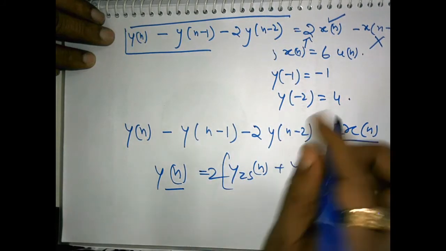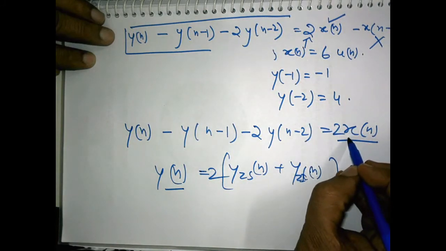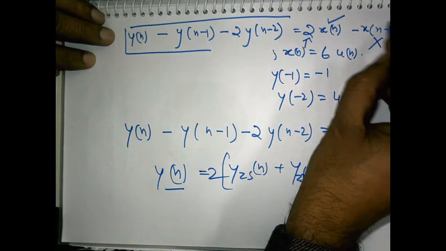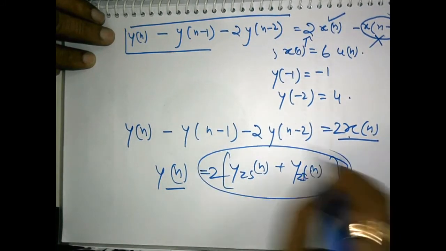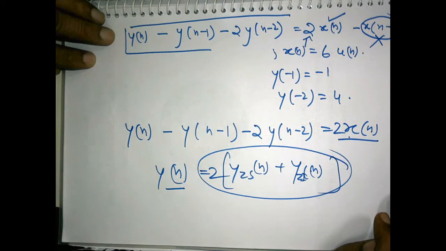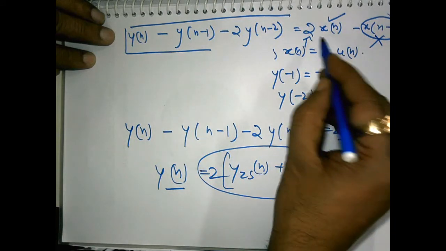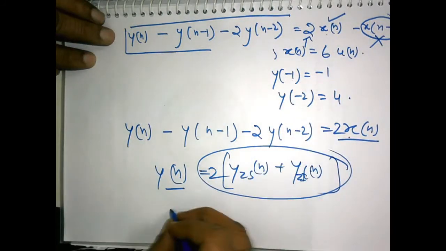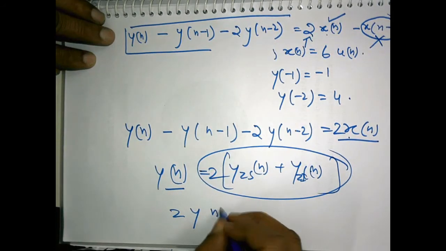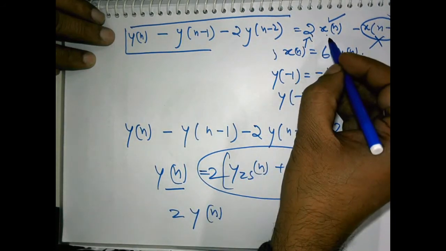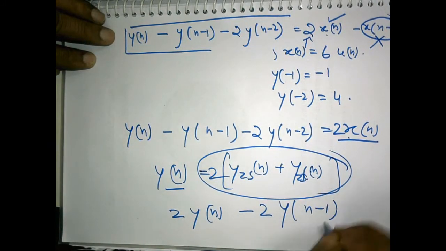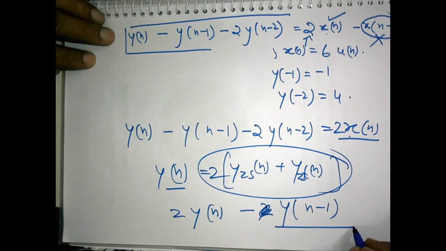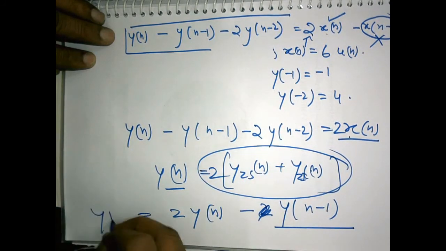And if the y(n) for x(n) is known to you, then what will be the y(n) for x(n-1)? Simply the shifted version of this by 1 unit. So you will evaluate twice the y(n) because of twice x(n), minus, sorry, not twice, but minus y(n-1), to obtain the total y(n).